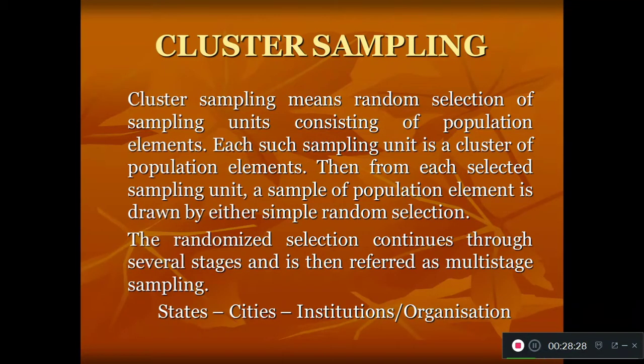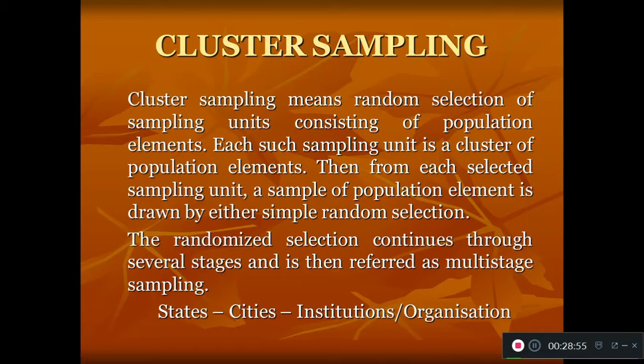For example, I want to do research in Haryana. So in Haryana, we have different districts. So I am selecting the sample of particular districts. For example, I want samples from three districts of Haryana. So I don't know which district I want to select. So I go for cluster sampling technique.